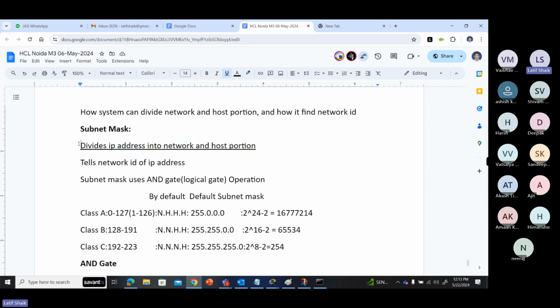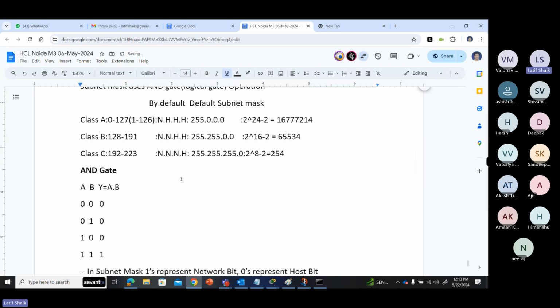We can say a system or a device, anything like a computer or laptop, uses the subnet mask to divide the IP address into network portion and host portion. The subnet mask tells the network ID of an IP address.